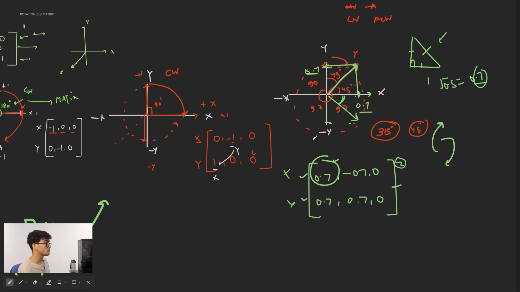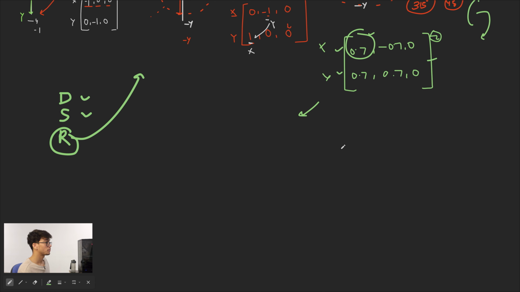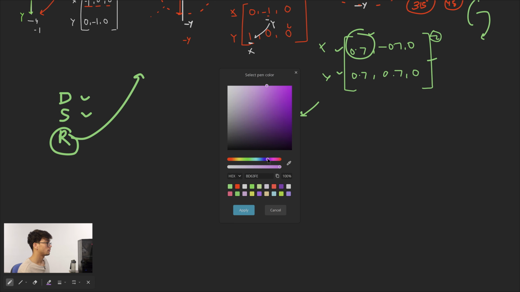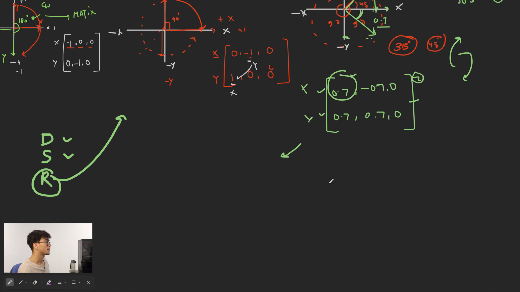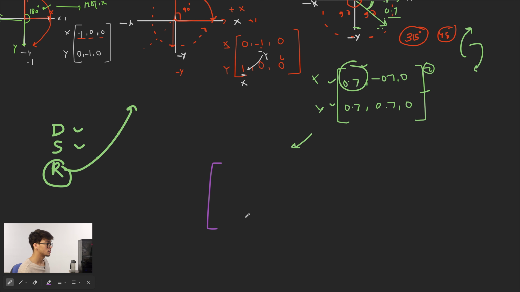Okay. Now this matrix, this is the really important part, and I will say purple. I like purple. I don't know why, but I like purple a lot. Okay. So this matrix is the master data about the object.